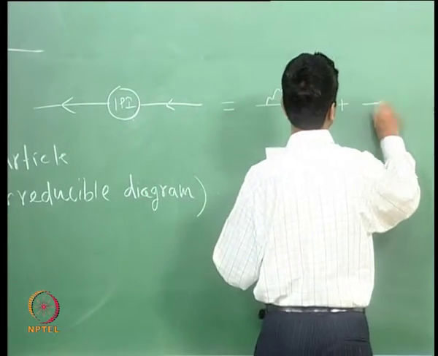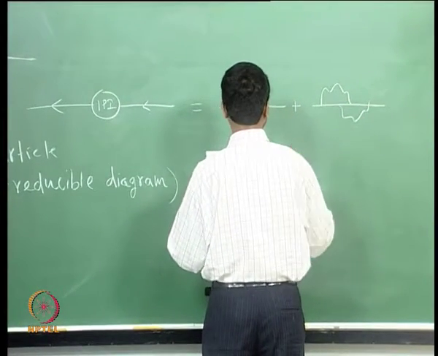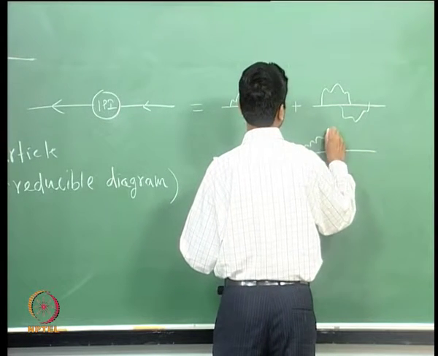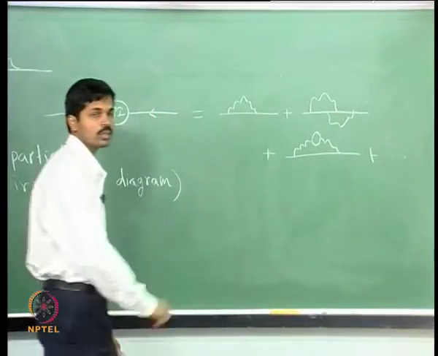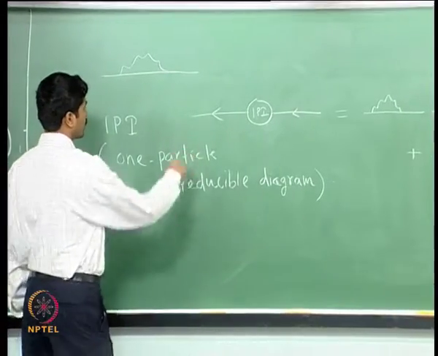So, you have a diagram like this at 2 loop, plus another diagram at 2 loop which is given by this, then you will have 3 loop and so on. All such diagrams you sum over, and this is what you have.